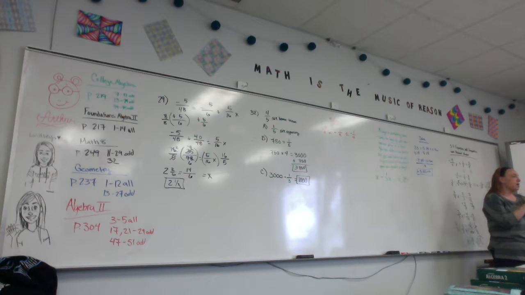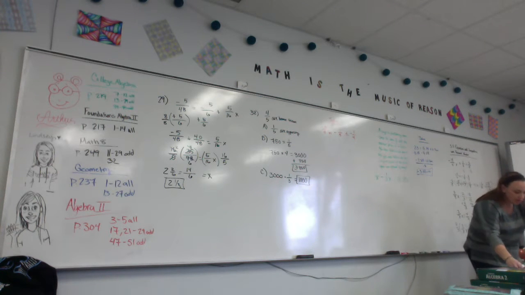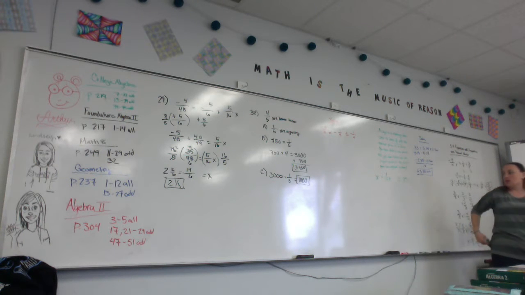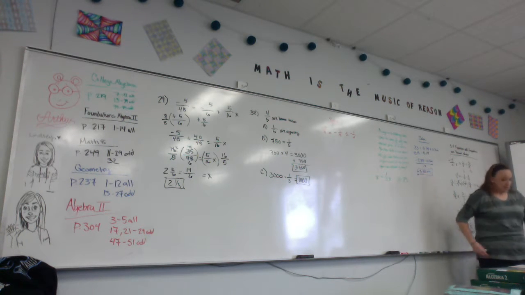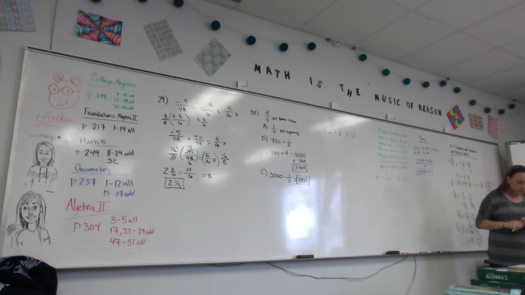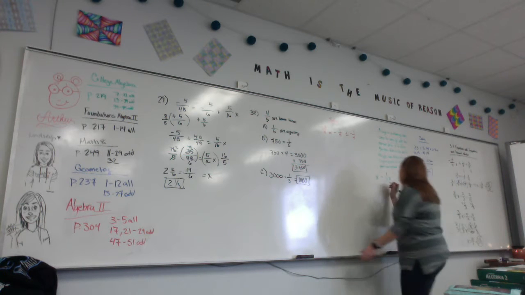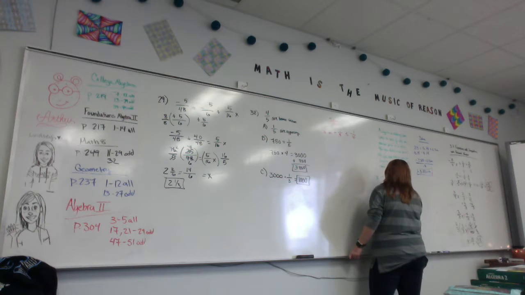You have to say this is my original price of my shirt minus 1/3 of the shirt is less than or equal to 25. So you have to think that through a little bit. What is X minus 1/3 X? 1 minus 1/3. That's 2/3. So you get 2/3 X is less than or equal to 25.